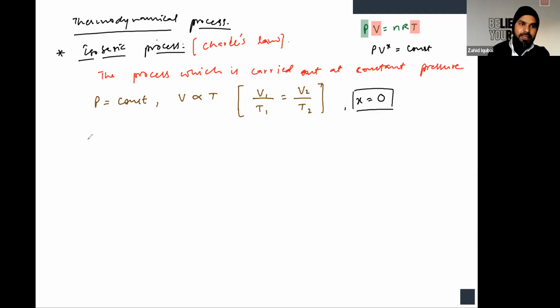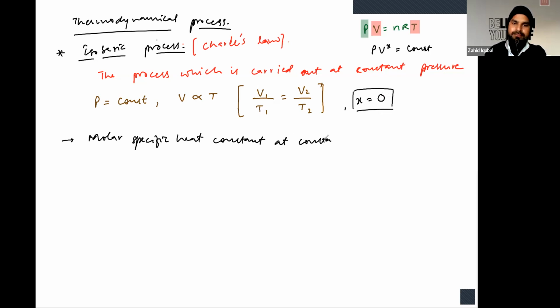Related to this, we can define molar specific heat at constant pressure. So what was the general expression for calculating molar specific heat?